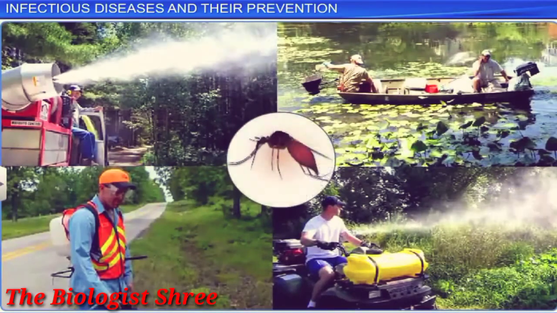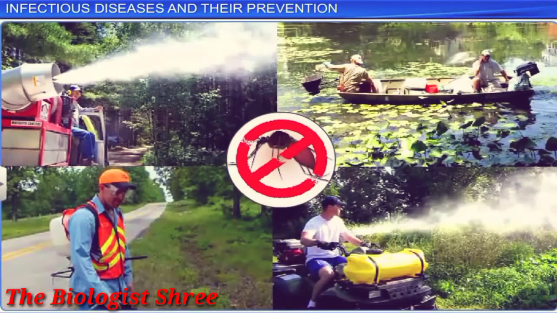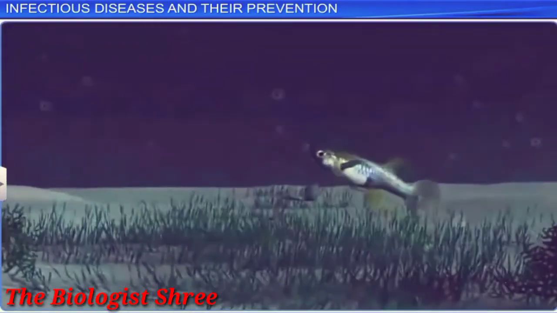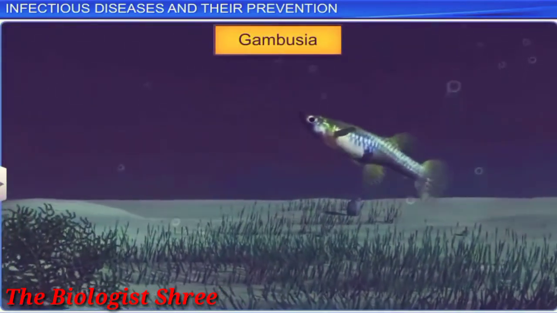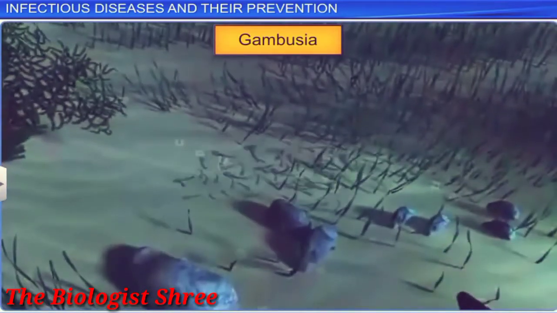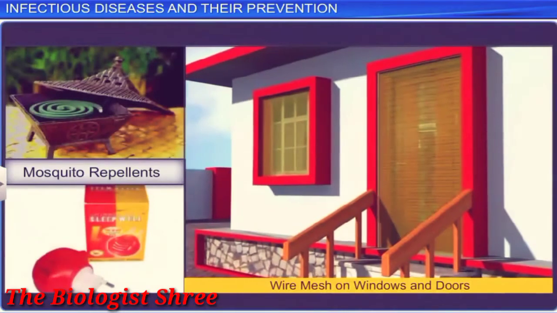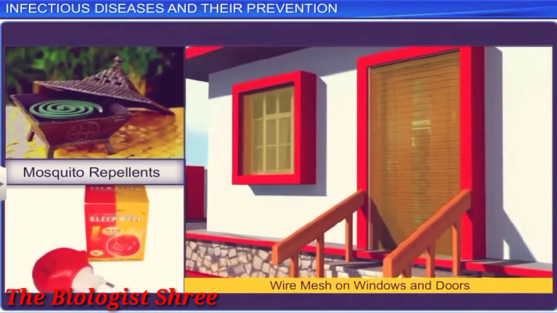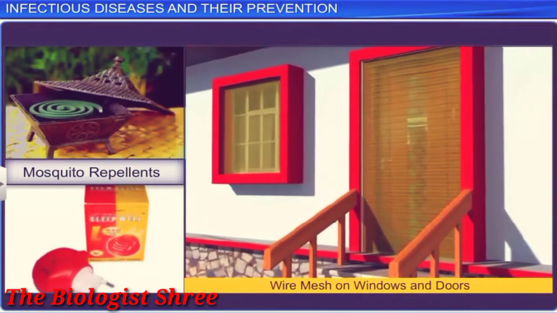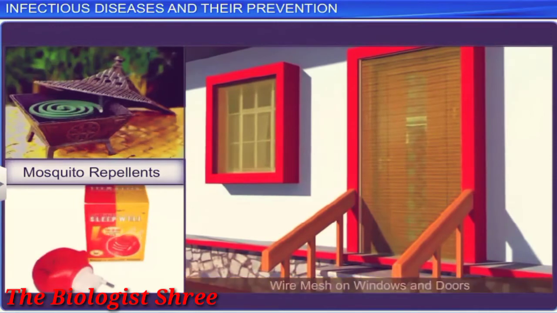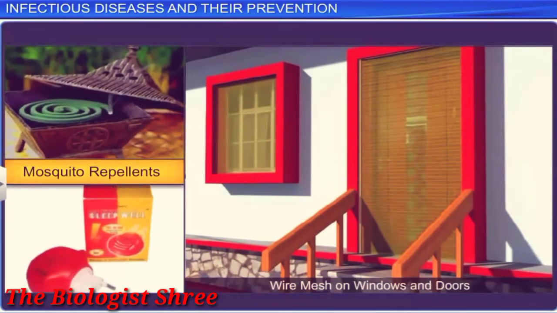Insecticides or kerosene oil should be sprayed in ditches, drains and swamps. Some fish like gambusia that feed on mosquito larvae should be bred in ponds and lakes. Doors and windows should be provided with a wire mesh to keep mosquitoes outside, and at night, mosquito nets and mosquito repellents should be used.